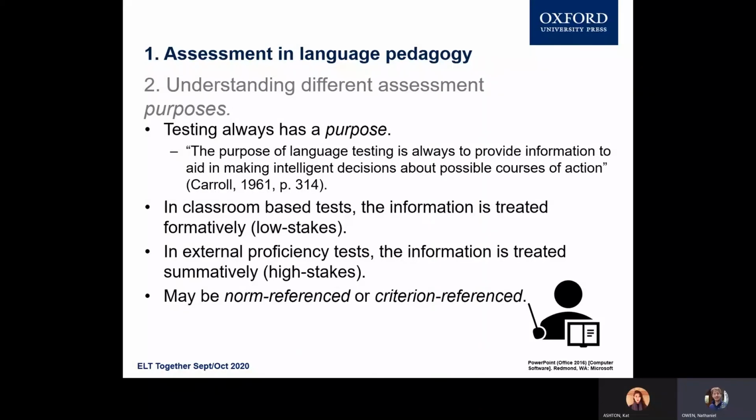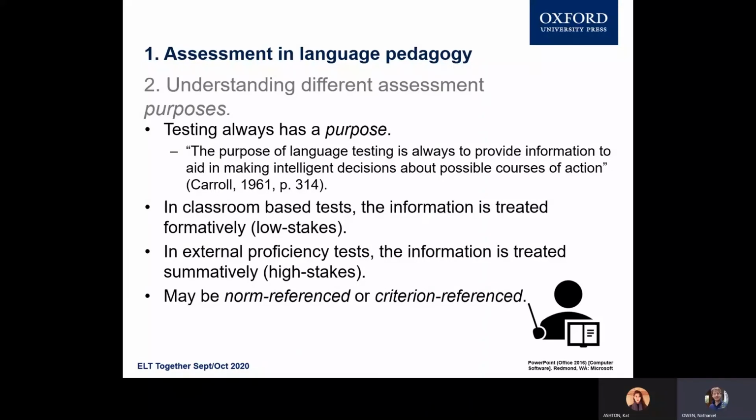In contrast, criterion referenced approaches to testing mean that the score boundaries are fixed. So what we're saying is that particular scores relate to particular claims about language proficiency. We could say that the top 10% of scores are not necessarily what we're interested in.